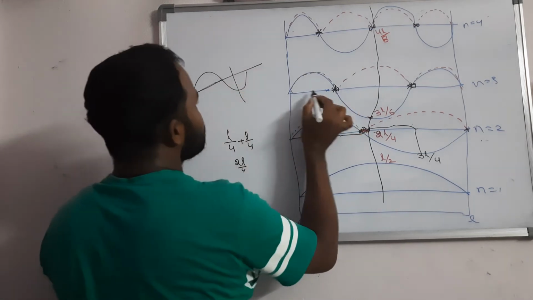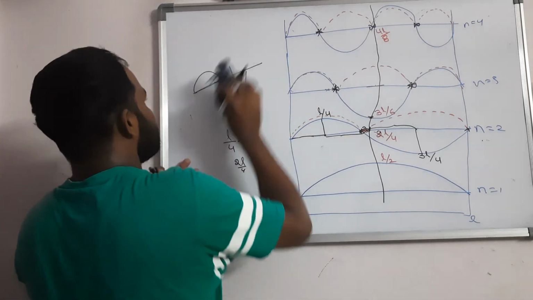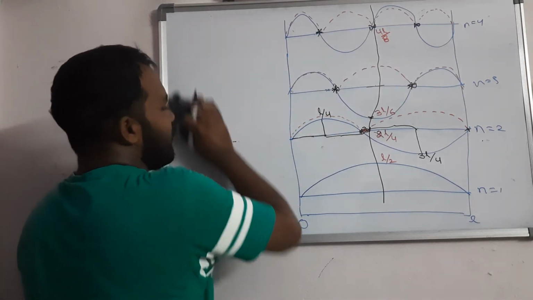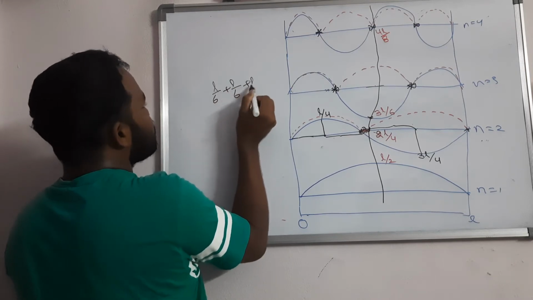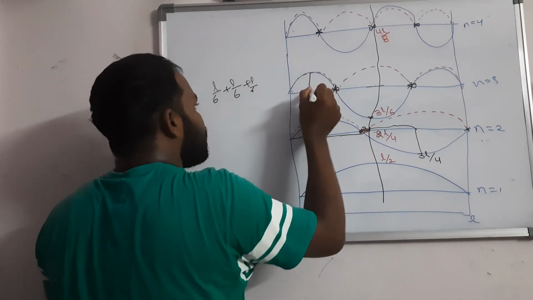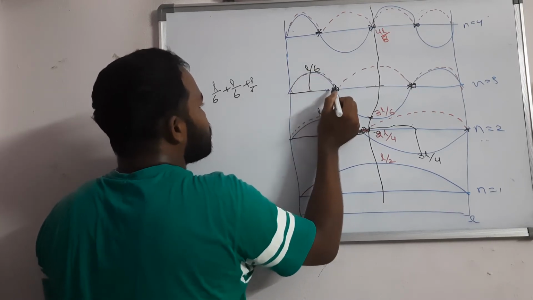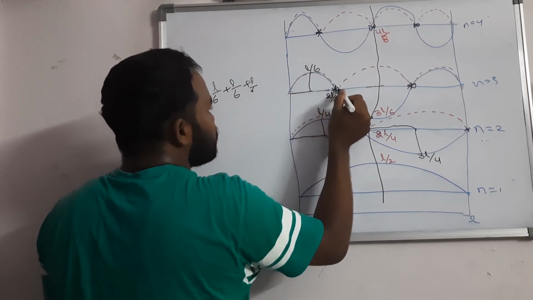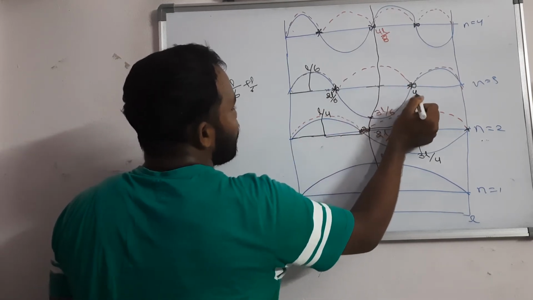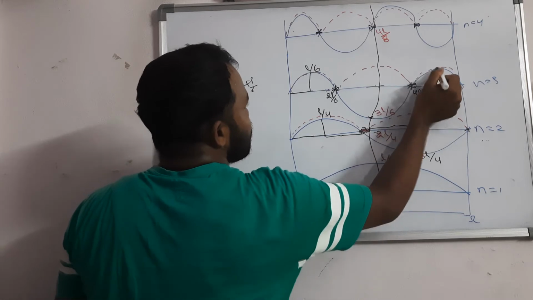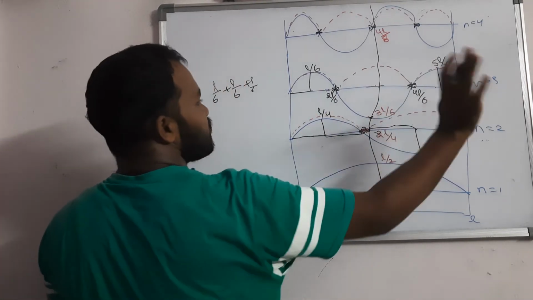You are taking two parts and this is one part, so total 3 parts. 3 parts means L by 6 plus L by 6 plus L by 6. So I am going to divide into 3 parts. This part is L by 6. This to this is 2L by 6. This to this is 3L by 6. This to this is 4L by 6. This to this is 5L by 6. Here 6L by 6 is L.